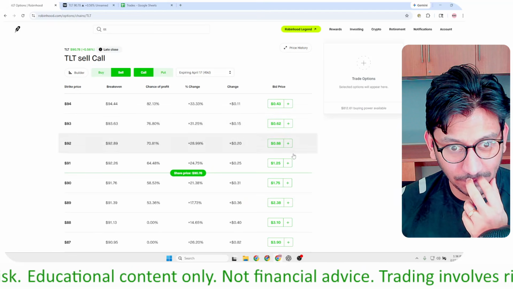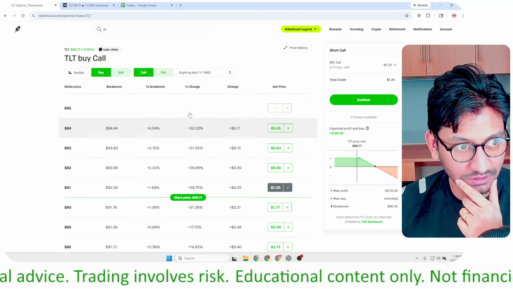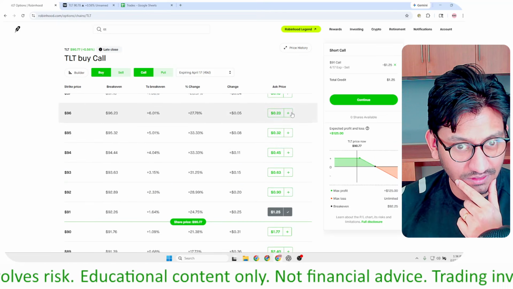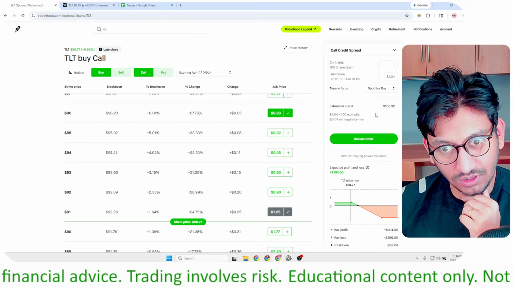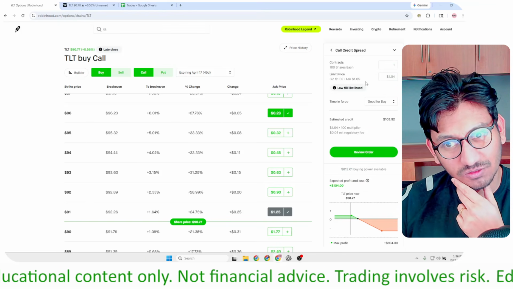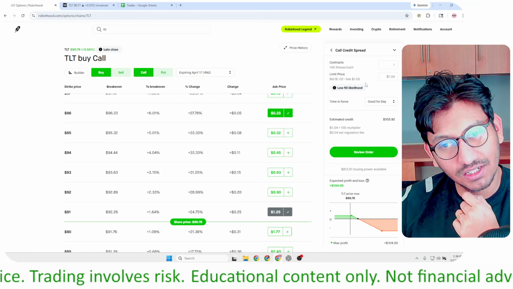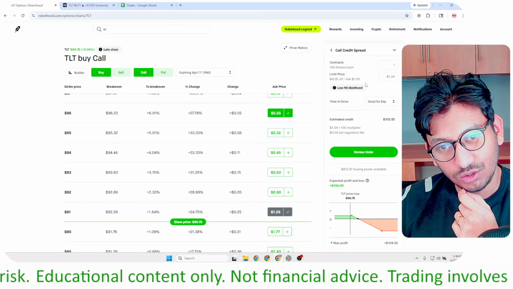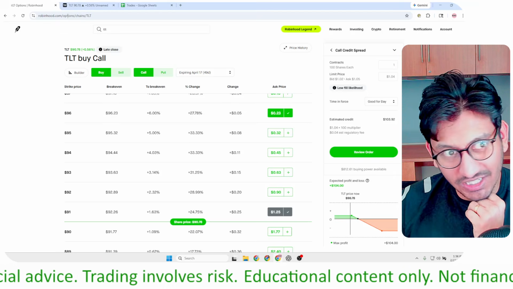So call 125 and then buy $5 out. It's offering me $104. If I hit continue, it's going to offer me $104. The bid ask spread is pretty tight. Am I going to risk $400 to make 50 bucks? I mean, I don't know.